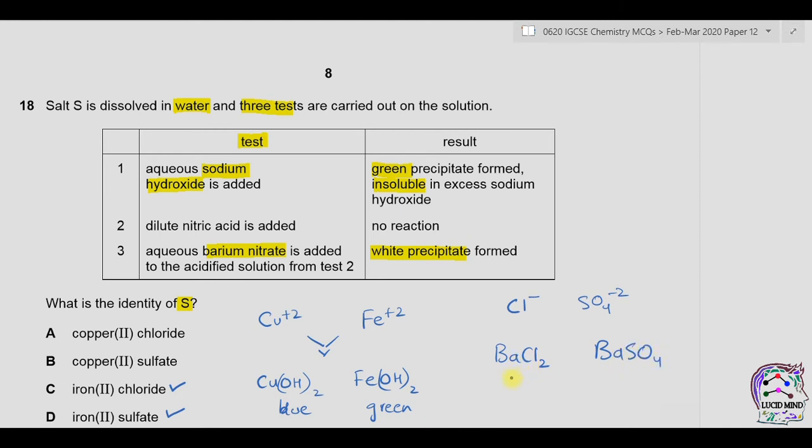Barium chloride is a soluble salt, while barium sulfate is an insoluble salt and it is white. So according to the third test we have white precipitate formed, so it should be sulfate. So option D is correct, which shows iron plus 2 and sulfate.